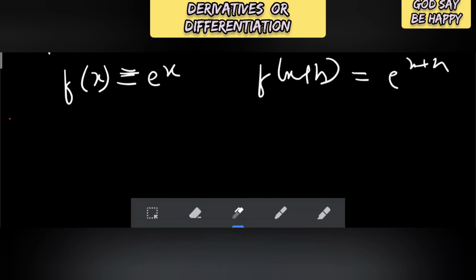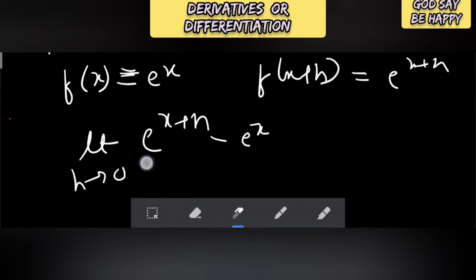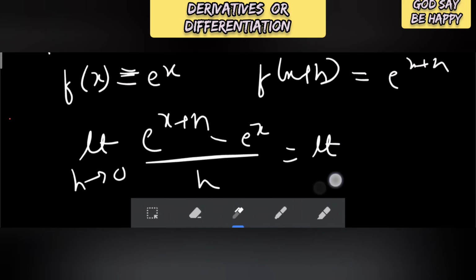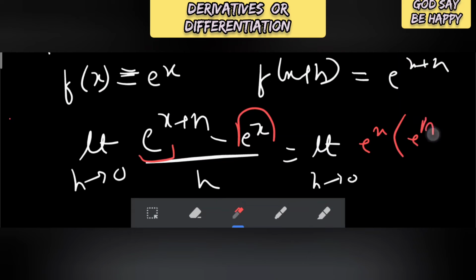Now according to the first principle formula, we have limit h tends to 0 of (e to the power x plus h minus e to the power x) upon h, equals limit h tending to 0. From this we can take e to the power x common as it is in multiplication. So e to the power x times (e to the power h minus 1) upon h.